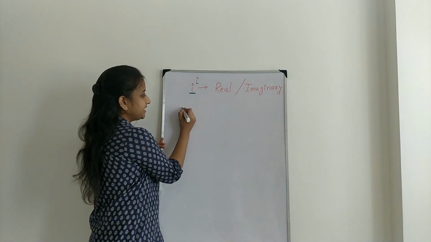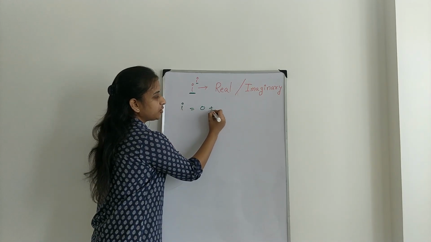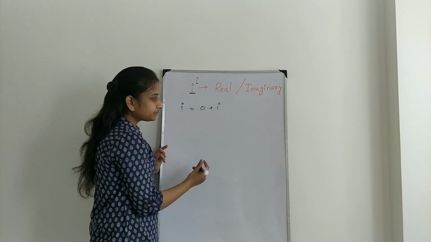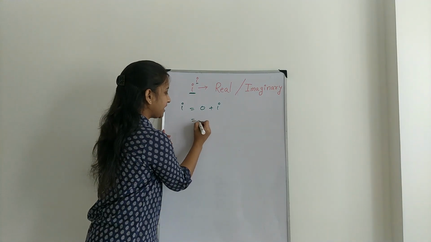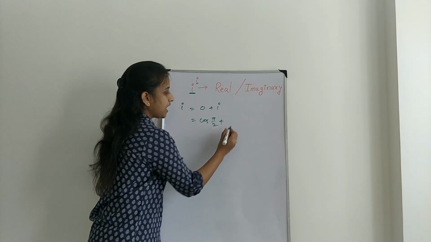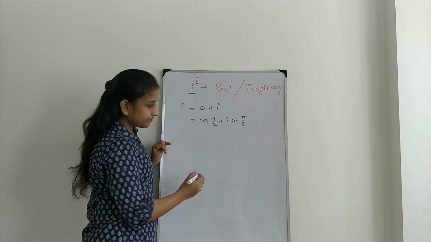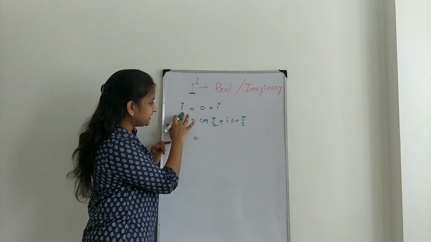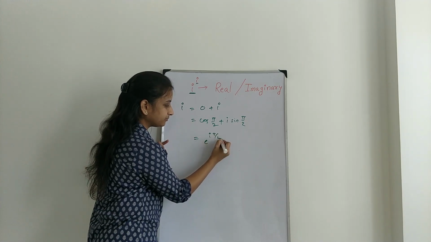So I am writing base i as 0 plus i. Writing this in trigonometric form, I am writing cos pi by 2 plus i sin pi by 2. Okay. We have already seen how to convert i into Euler's form: e power i pi by 2.